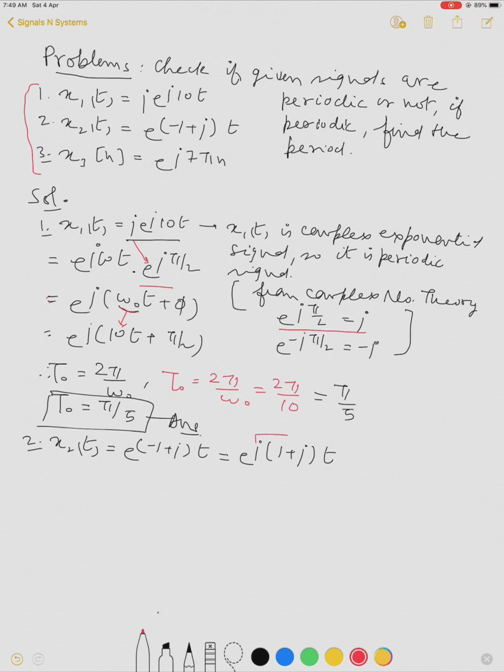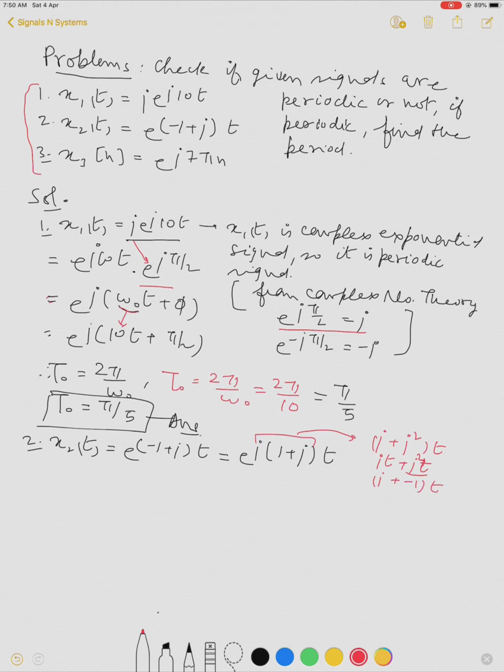Because if you expand this, it is j plus j square, multiplied by t. So this gives jt plus j square t. j square t is again minus t, so minus t plus jt.